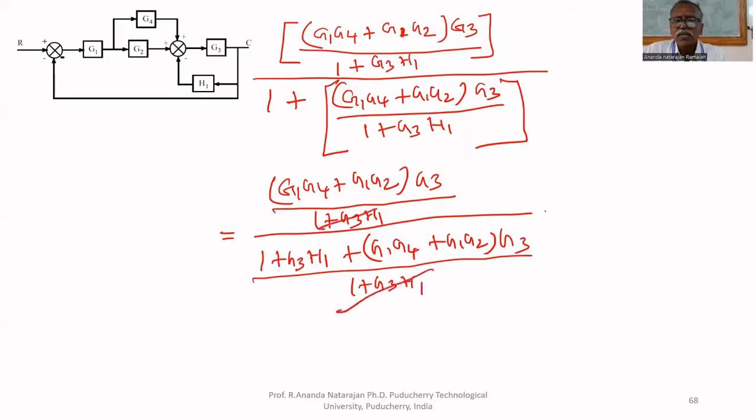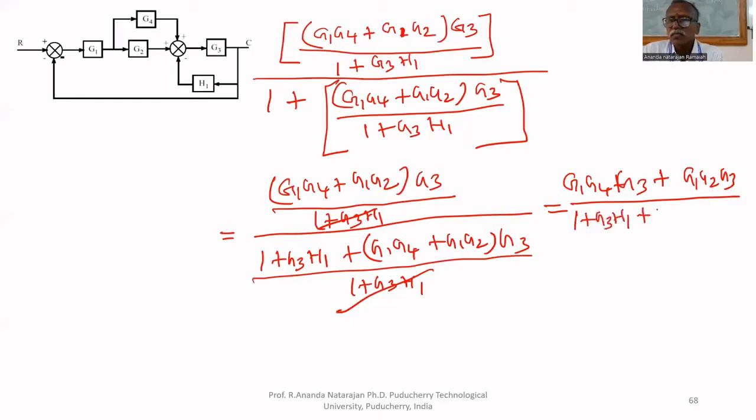This and this get cancelled. Therefore, G1 G4 G3 plus G1 G2 G3 upon 1 plus G3 H1 plus G1 G4 G3 plus G1 G2 G3. So this is the final transfer function.